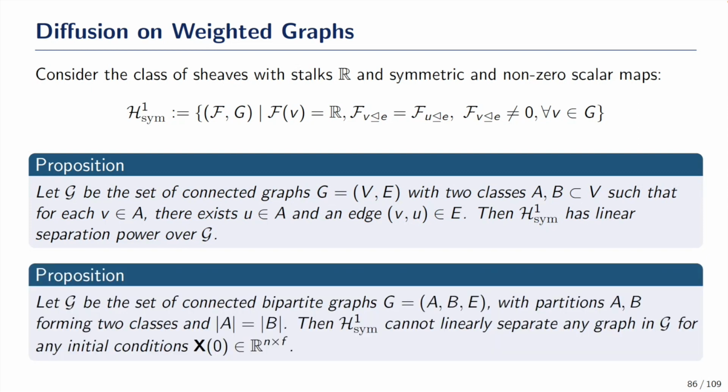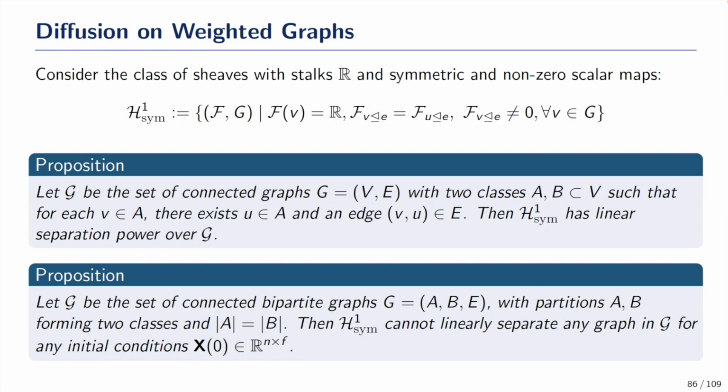So, okay. Now here's something where this doesn't really work anymore. If we have a bipartite graph, where the partitions are the two classes, then what happens is that if these partitions are equal, this is the maximum heterophily setting, everyone looks different from me, right? Because I'm connected only to things in the other partition and those have a different label.